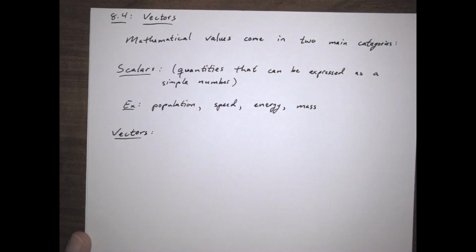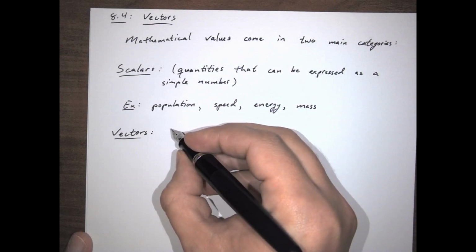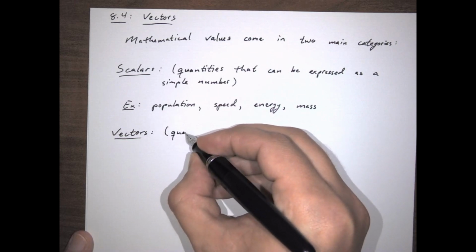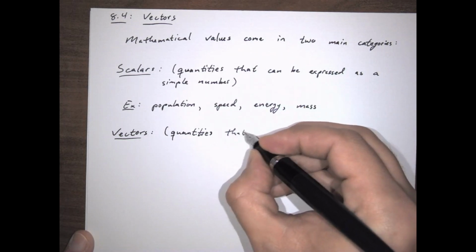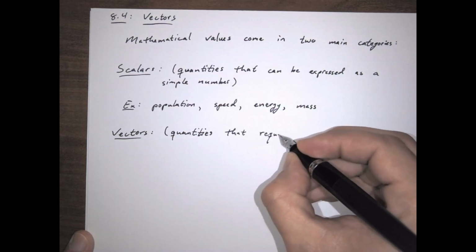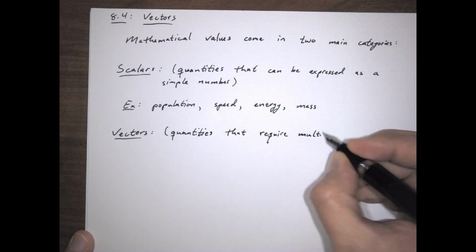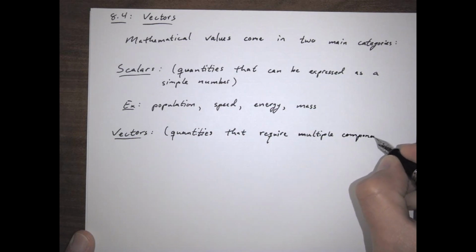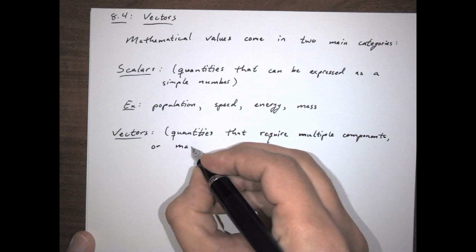And vectors are quantities that cannot be expressed as a simple number, but rather have to be expressed as a couple of different components or as a magnitude and direction. So these are quantities that require multiple components, or magnitude and direction.